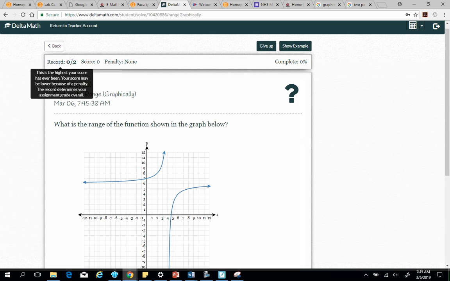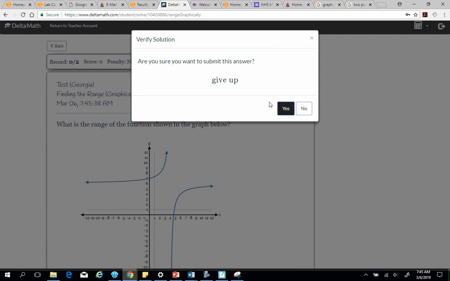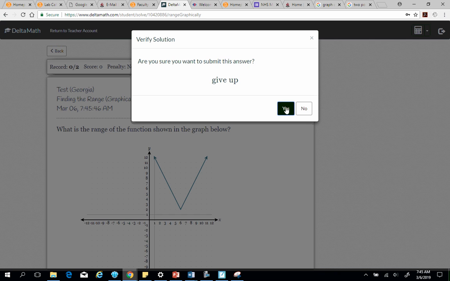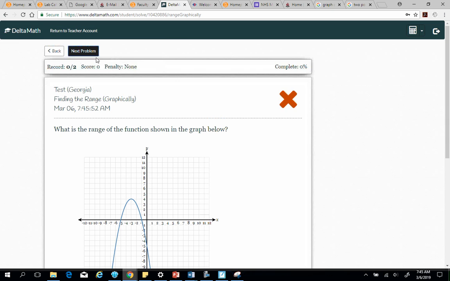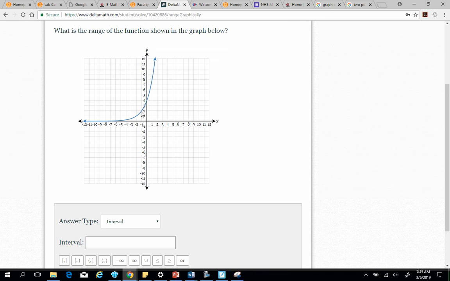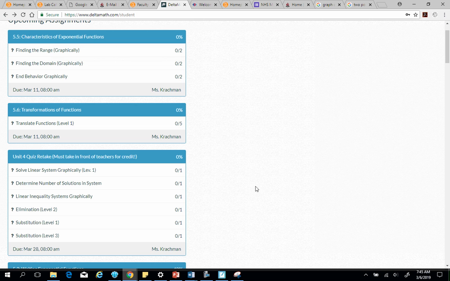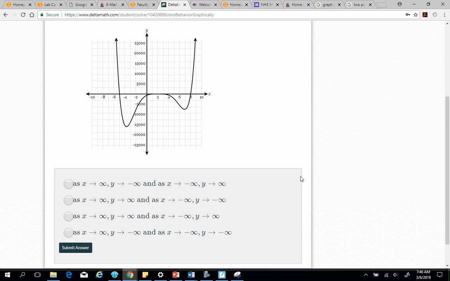I only need you to do 2 questions. Keep clicking give up till you get to an exponential equation. That's why I only needed 2. So see, there's one. So you're just doing the range, but you give up until you get to the exponential one. Same with domain. And then end behavior is like this.